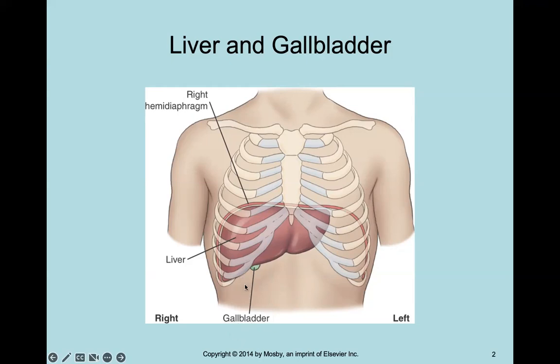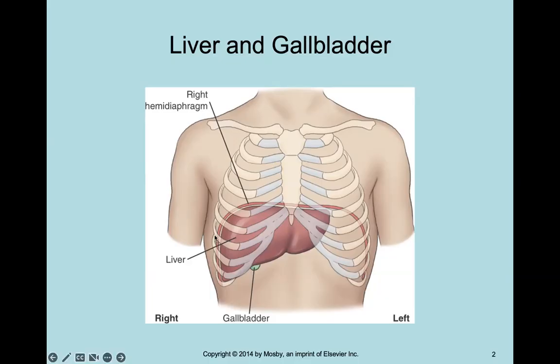So one thing that we're going to learn in this course is how adjacent structures and organs affect others. Certain organs are positioned in our bodies in certain directions and positions due to other organs adjacent to them.